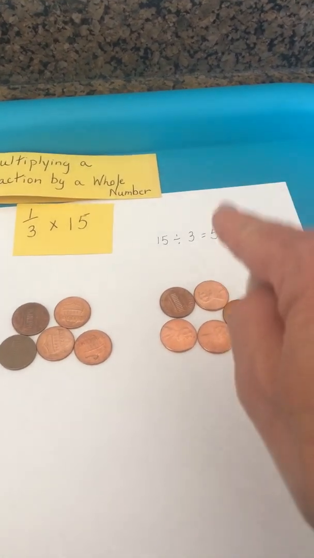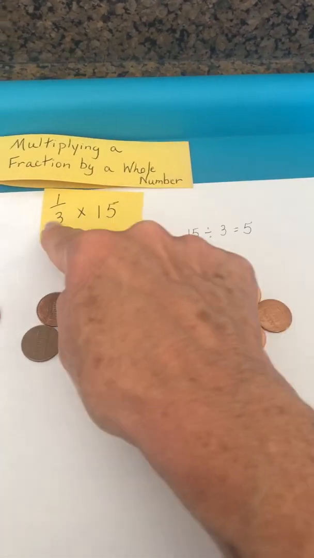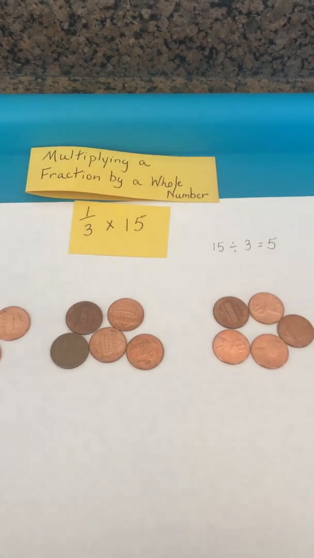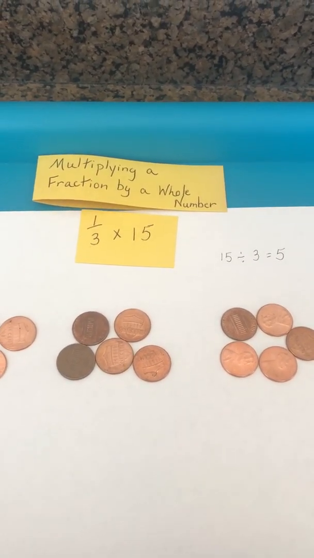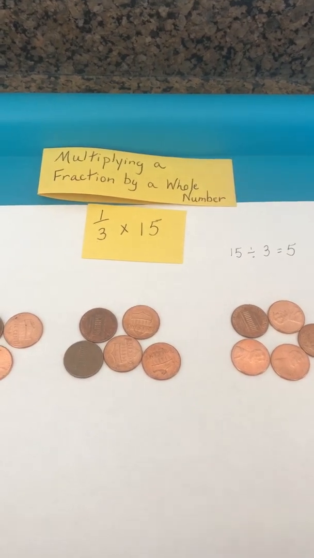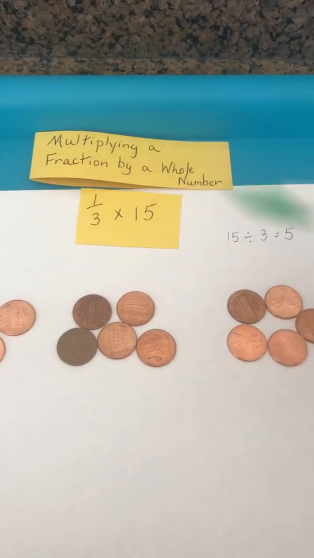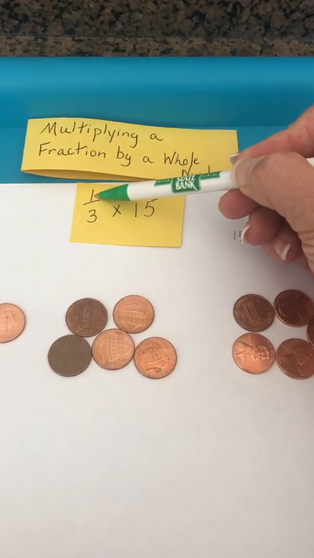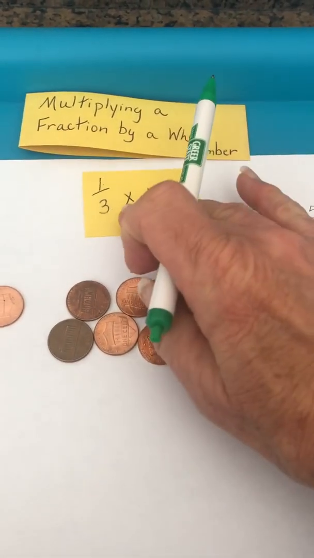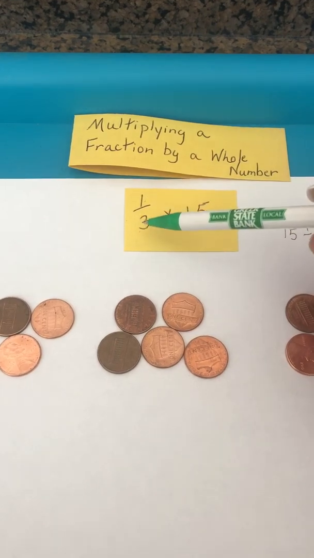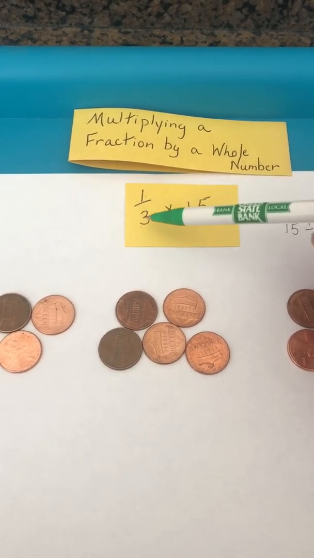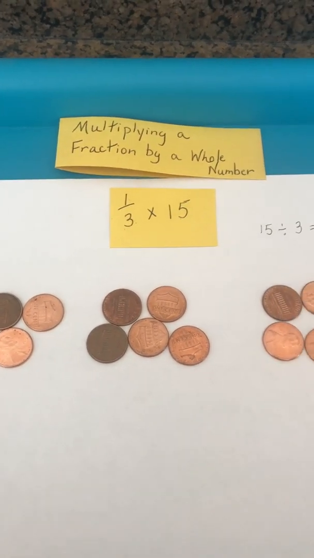So there's 5 parts per group. The whole number was 15, and I divided it into 3 equal parts. Now, my numerator is going to tell me the part that I want to look at. I want to look at one of those 3 parts. Remember, my parents told me that I could have 1/3, or 1 out of those 3 parts.